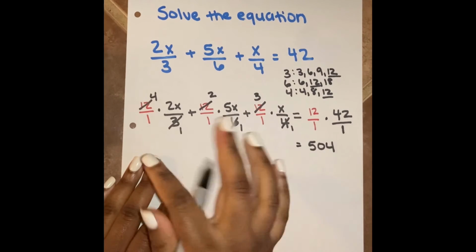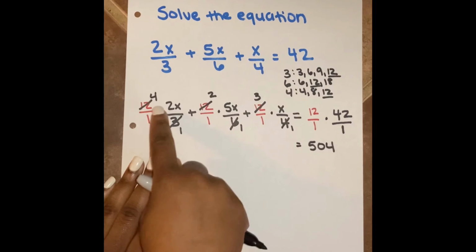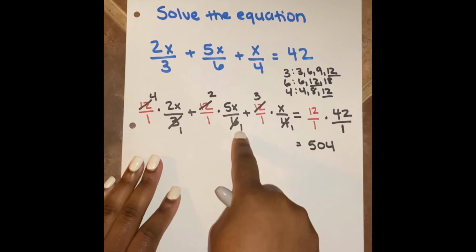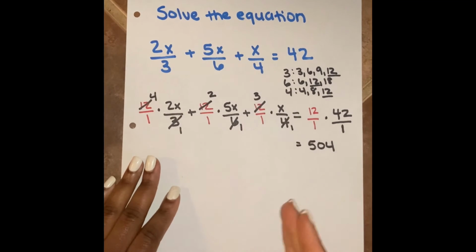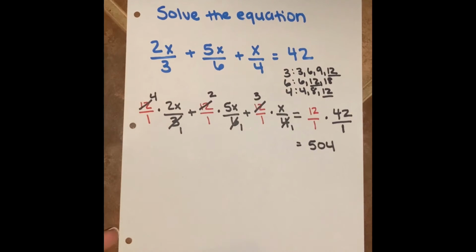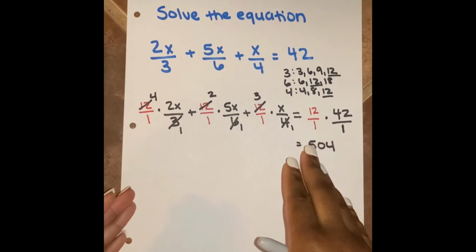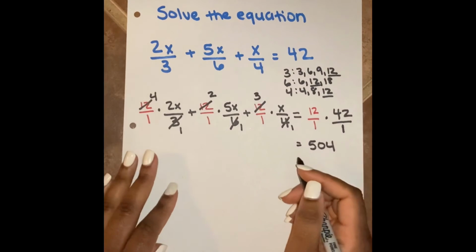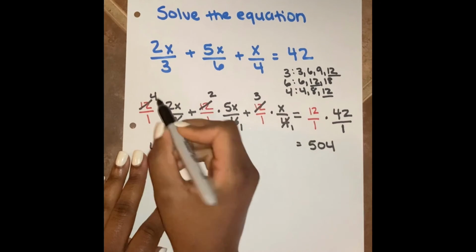Everything that we've canceled out, we see that in our denominators, we have 1 times 1 plus 1 times 1 plus 1 times 1. So we have successfully gotten rid of our fractions. So now we're going to multiply everything out on our numerators to solve for x. So we have 4 that's left here.